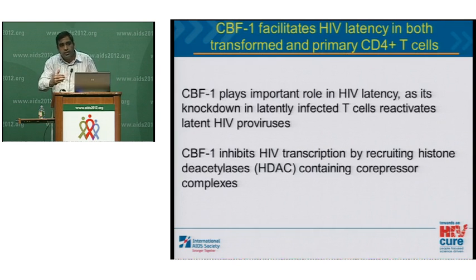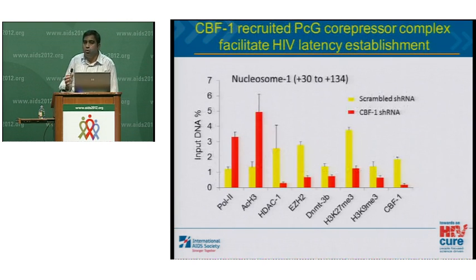To extend these studies further, we wanted to know what other repressive epigenetic modifications are induced by CBF1 in order to restrict the transcription of HIV during HIV latency. So we performed a ChIP assay, chromatin immunoprecipitation, before and after knocking down the endogenous CBF1 protein in latently infected Jurkat T cells.